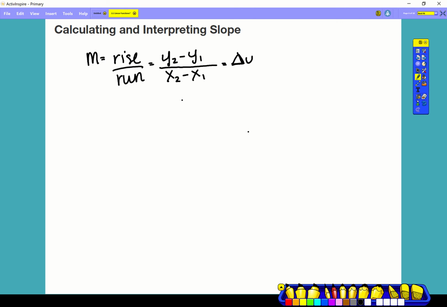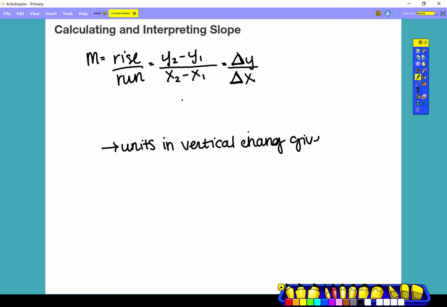So remember, that's the change in y over the change in x. Now, slope can be interpreted as the units in vertical change given 1 unit in horizontal change.